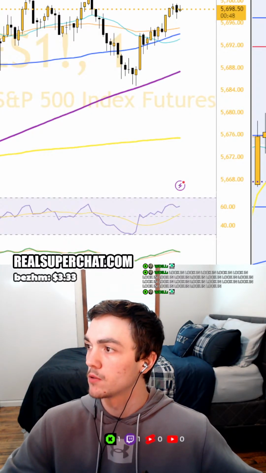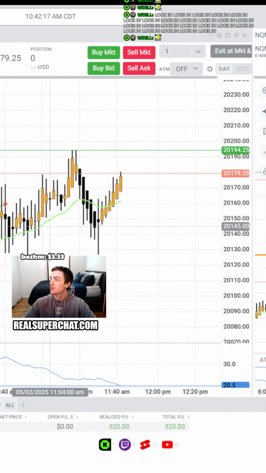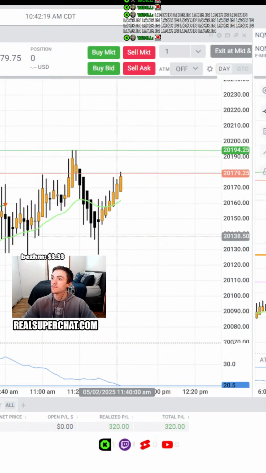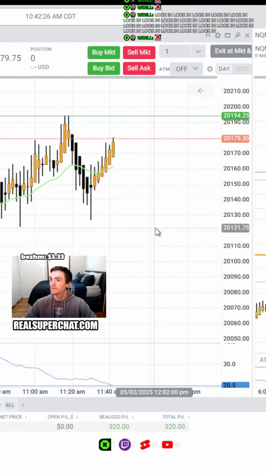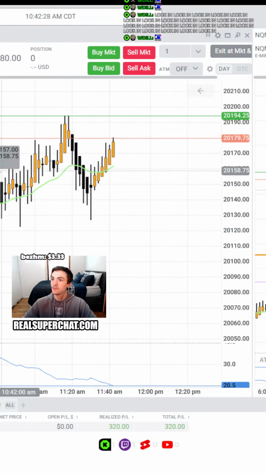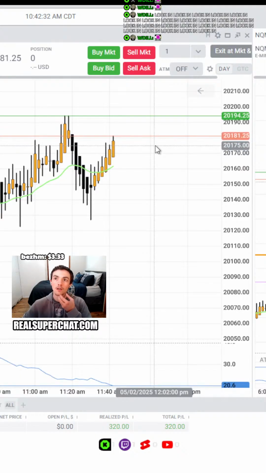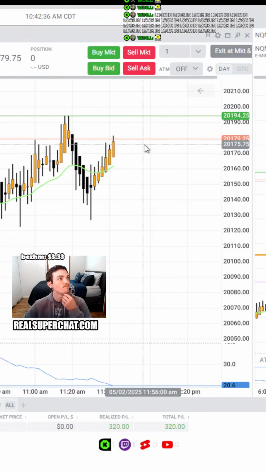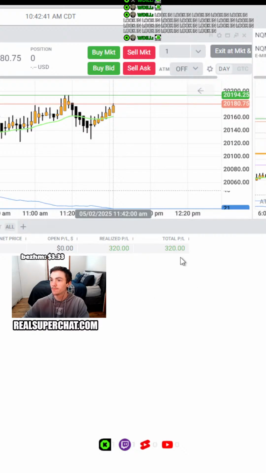Bounce off the wick through the 21 EMA on the 5-minute. On the 2-minute, that's what it looks like. Up 300 on this account on the day. Not bad. Only trading 8 micros.